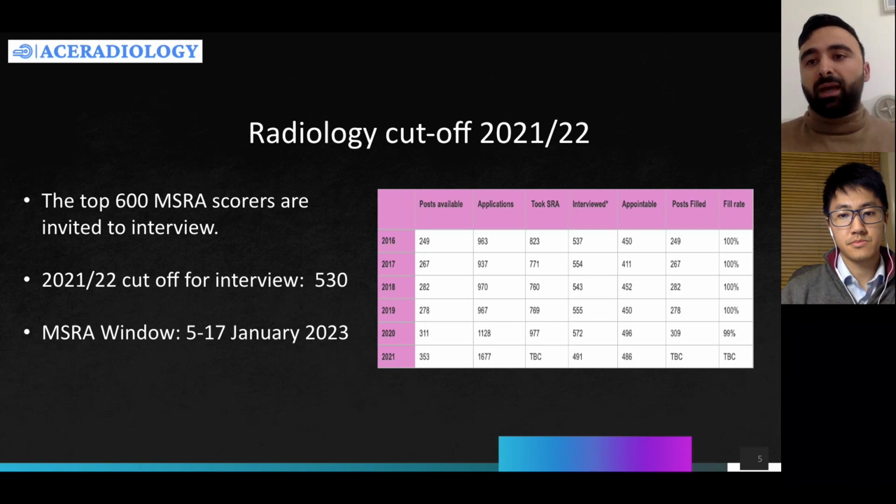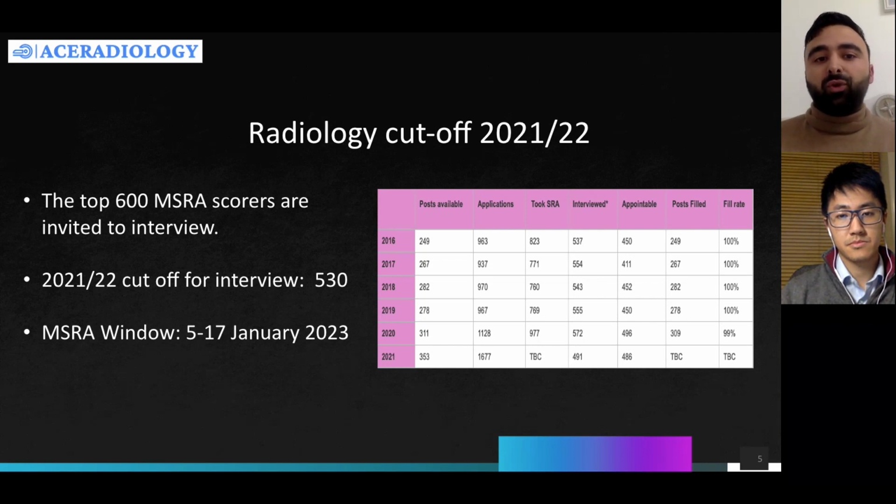And they use this algorithm or mathematical equation and form a graph and form a median in the middle. And apparently 500 is sort of the middle cutoff where most candidates score, and 530 for radiology was how much you would need to get an interview. I understand for things like GP and psychiatry, it's a bit less when they had interviews back in the day.